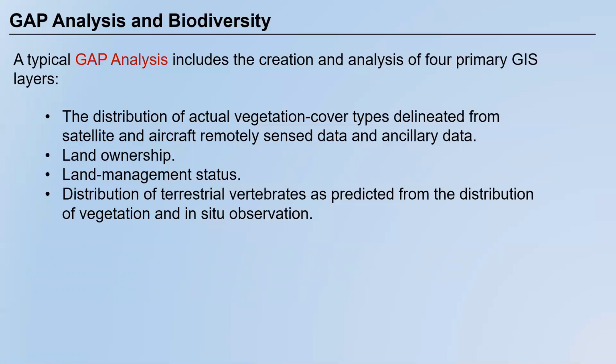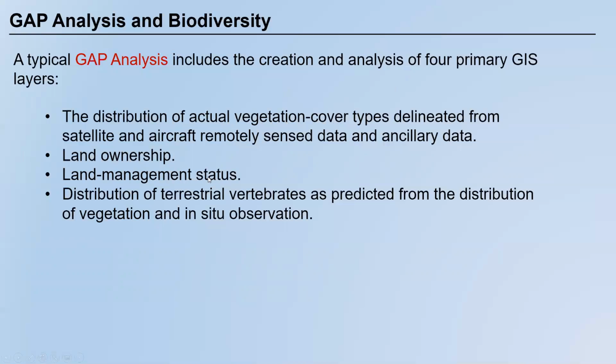And maybe for specific purposes, necessary ecological data, for the distribution of vegetation cover types, which means classification of different types of vegetation. And land ownership, this is administrative data, right?